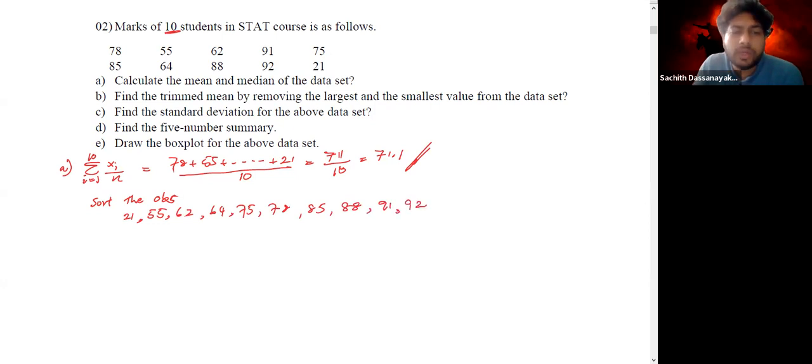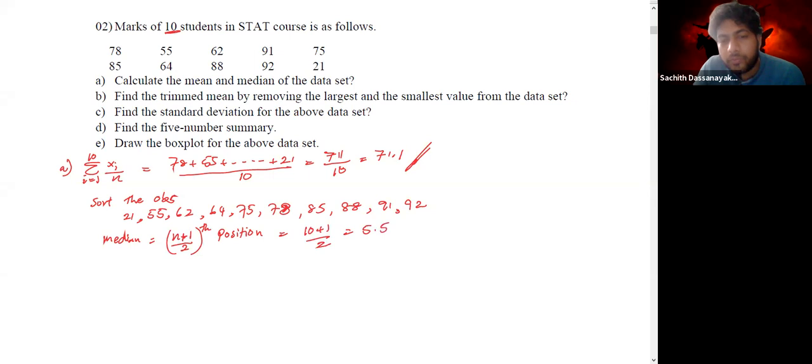Okay, once you rewrite this, you can see this is the ascending order. Then you have to find the median position. N plus 1 divided by 2, right? Here, 10 plus 1 divided by 2 is 5.5 position.